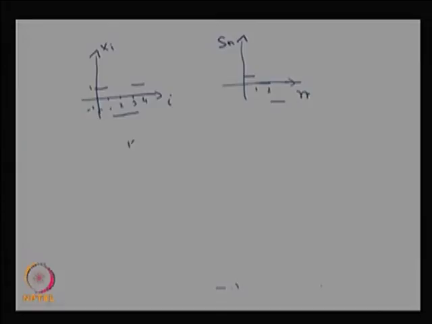Since the Xi's take the value 1 with probability p and the value minus 1 with probability 1 minus p, I can find the expectation of Xi, which is p plus minus 1 times 1 minus p. Therefore, this is nothing but 2p minus 1.